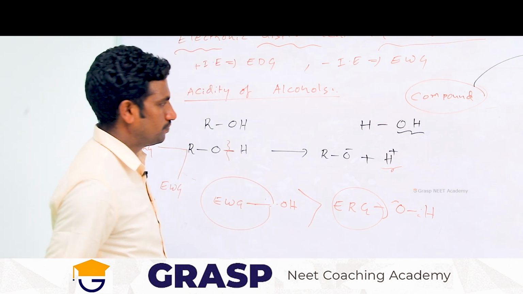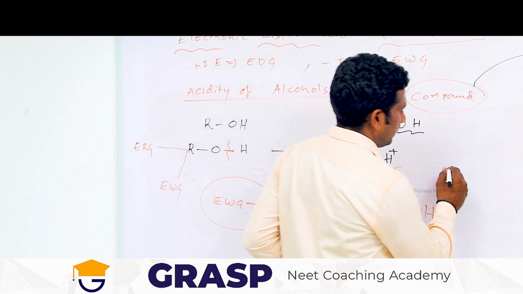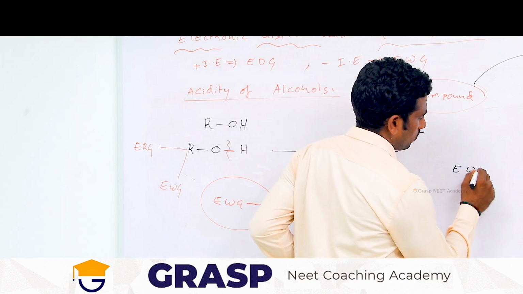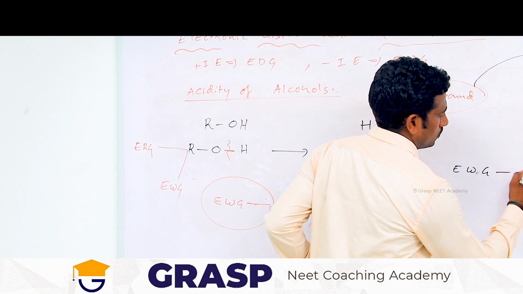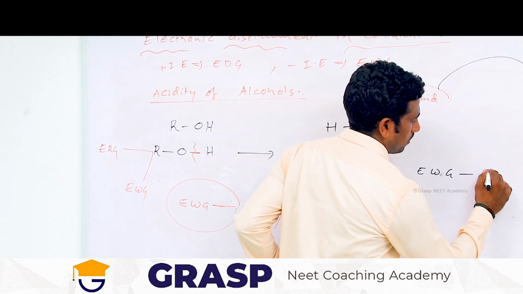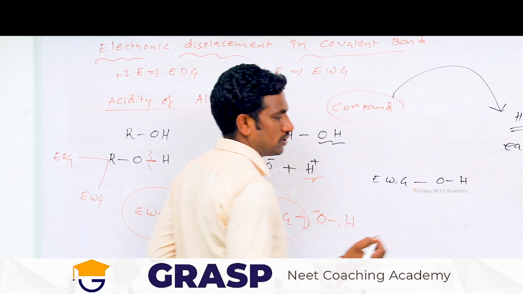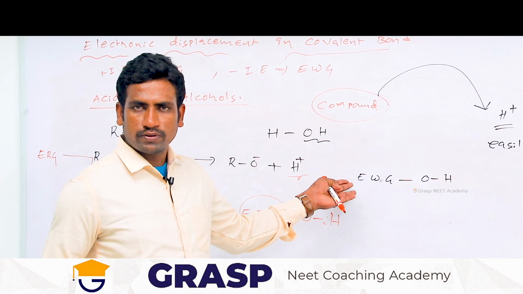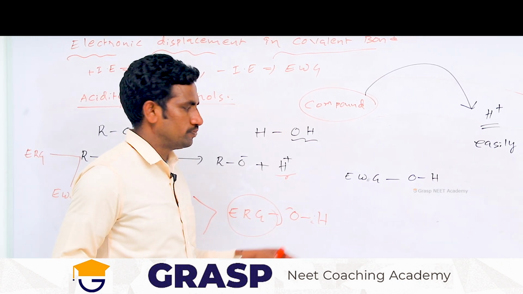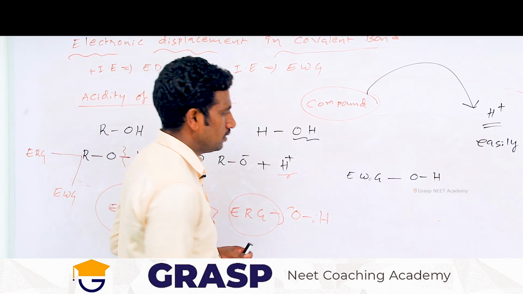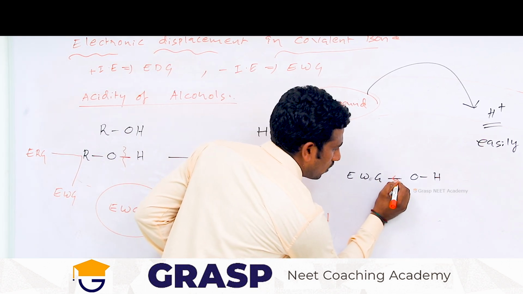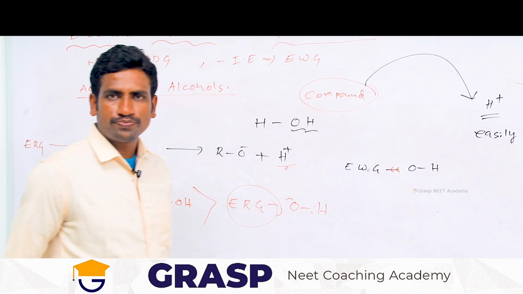Yes, there is a reason. See, for example, here it is an electron withdrawing group attached alcohol. So simply here I am writing first OH. Please, you need to understand there is an alcohol group and an alkyl group also. What will happen? The electron withdrawing group is withdrawing the electrons from the alkyl group.